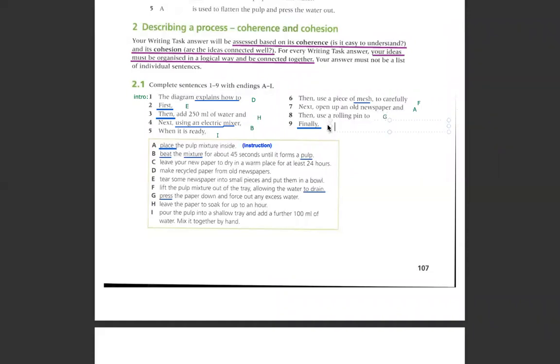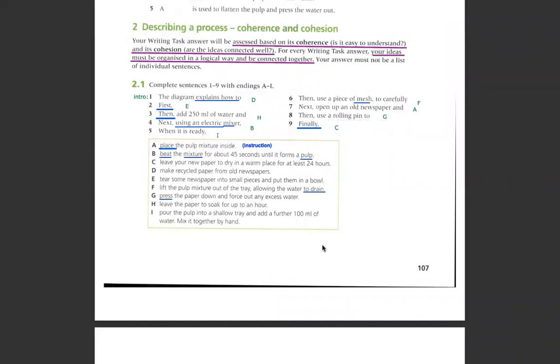Okay. And then last one, number 9. Finally, what do we do? Right, and at the end, we left it in the sun for 24 hours to dry. So C. Okay, well done.